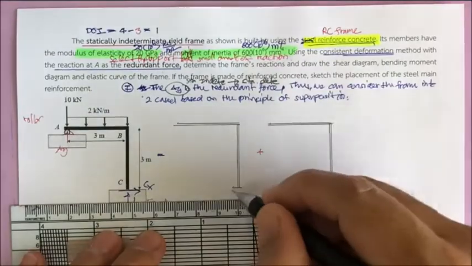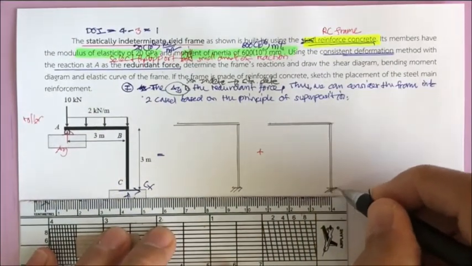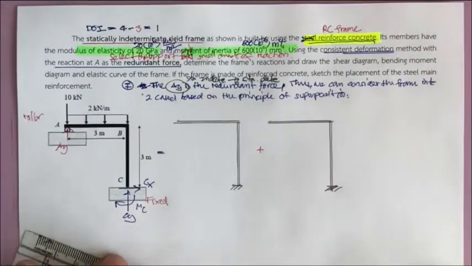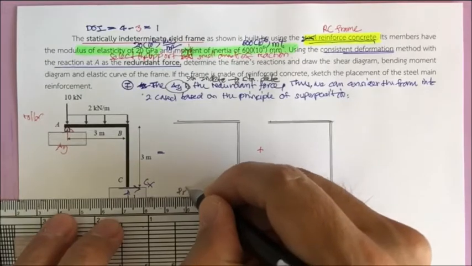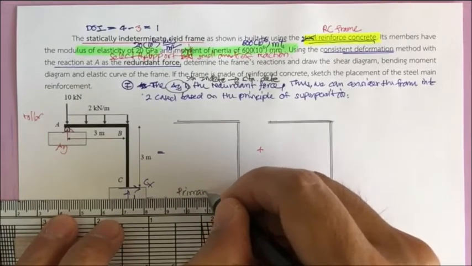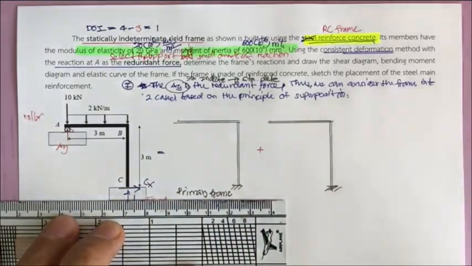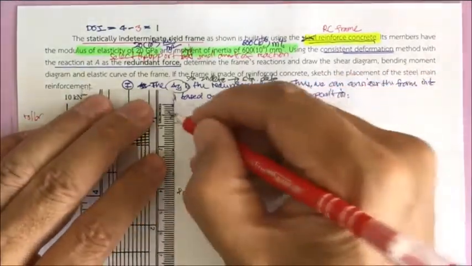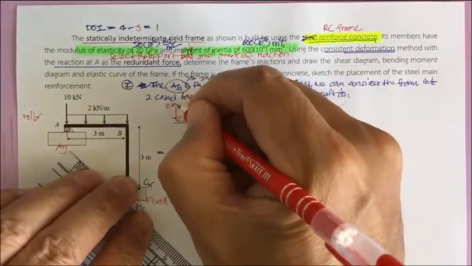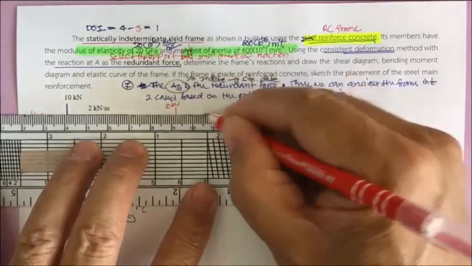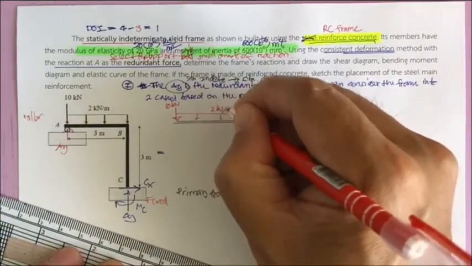So our frame will change into this, and this one will be called the primary frame. The primary frame is the frame that's subjected to the applied forces. So it's subjected to 10 kilonewton, and also this one, 2 kilonewton per meter.